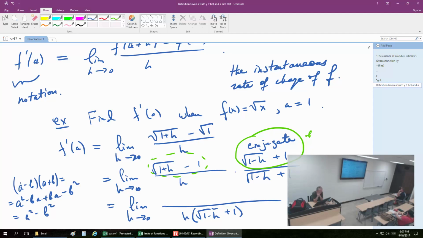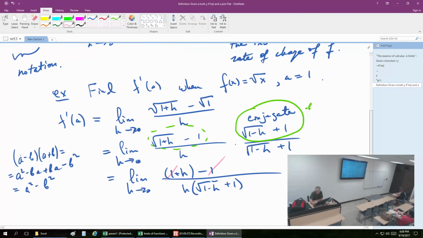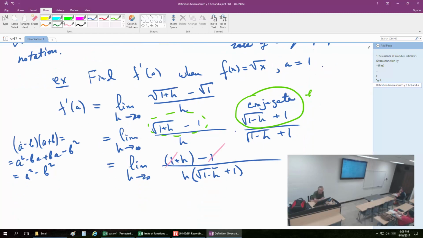I want to remove that square root over there that stands in the way in the numerator. So how do I do it? I want to square it, but in such a way that I don't mess it up. So I multiply by the conjugate. I have a difference of squares, which will then be 1 plus h minus 1. Right? So both of them are squared, and that way the 1 disappears, and I'm left with h in the numerator.